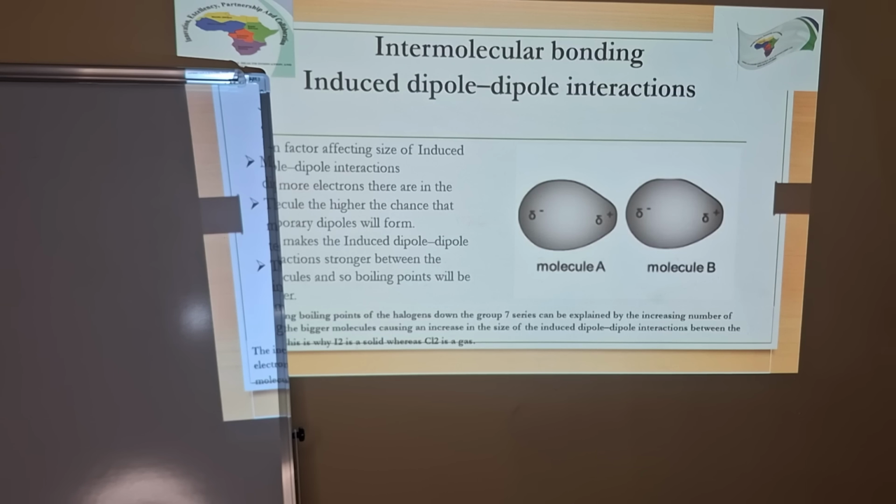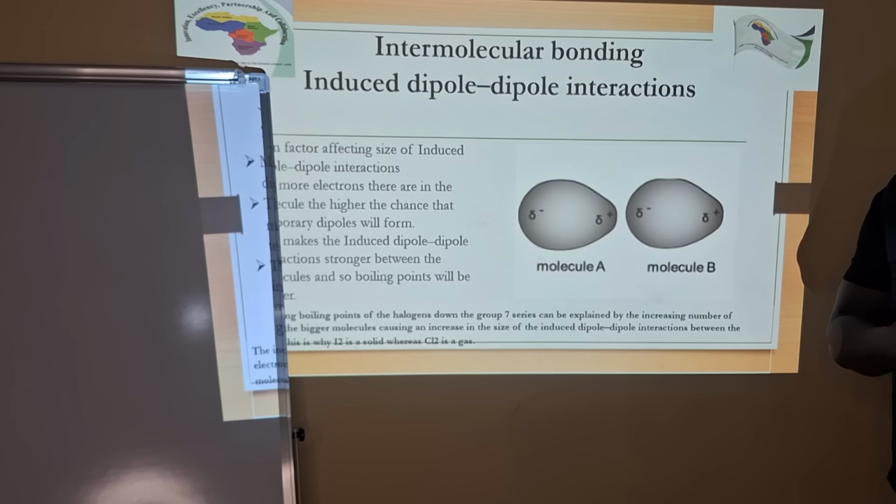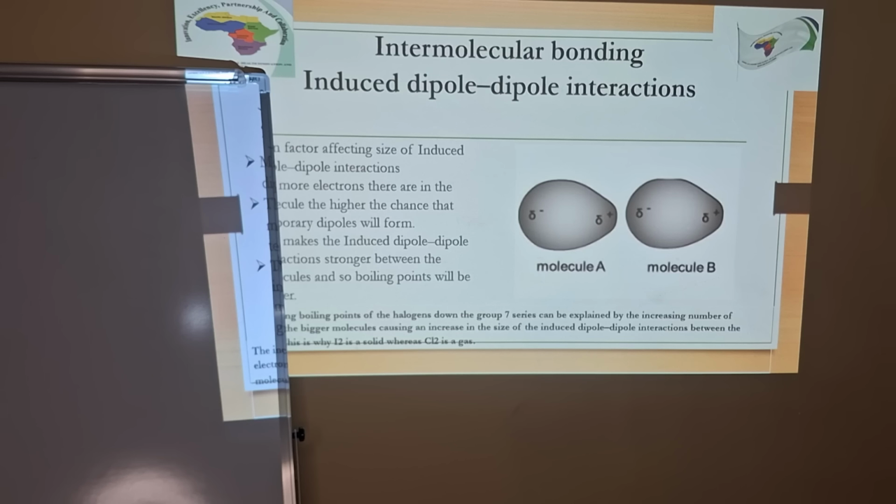The main factor affecting the size of induced dipole-dipole interactions is the number of electrons. The more electrons in the molecule, the higher the chance of temporary dipole formation. Therefore, induced dipole-dipole interactions are stronger between the molecules, and so the boiling points will be greater.